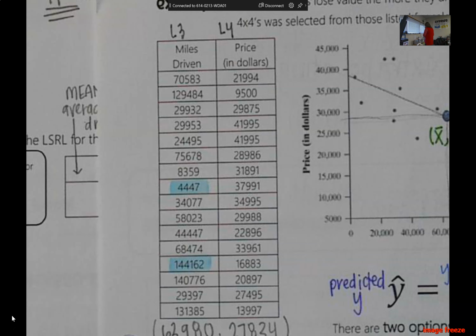You're entering in miles driven and price, two separate lists. Got a couple of minutes.